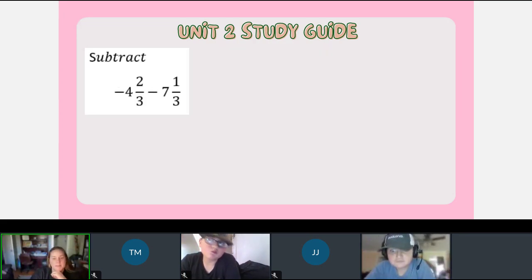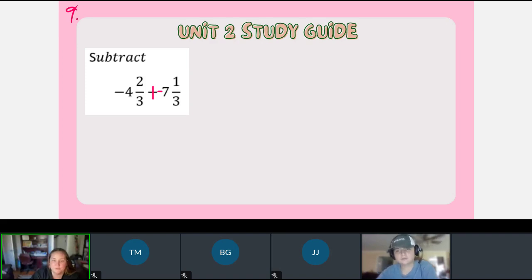All right, slide 15. This is number 9. It says to subtract these two fractions. However, we're going to use keep, change, change. We're going to keep negative 4 2/3, change to a plus, change to a negative. So now we have two negative numbers that we're adding. That's much easier to do. All that we need to do here is add our whole numbers. So negative 4 plus negative 7.